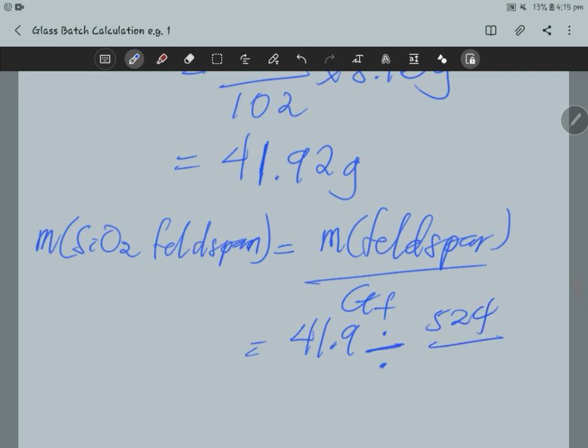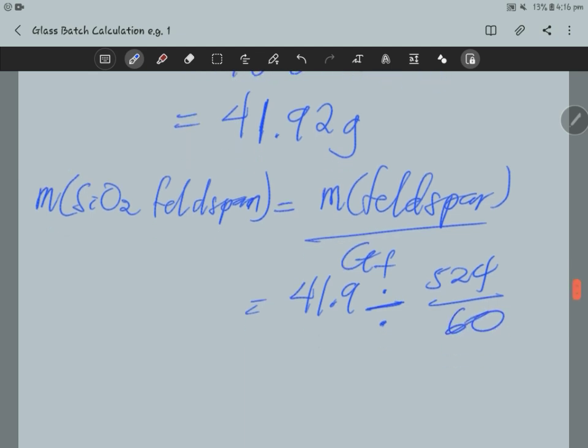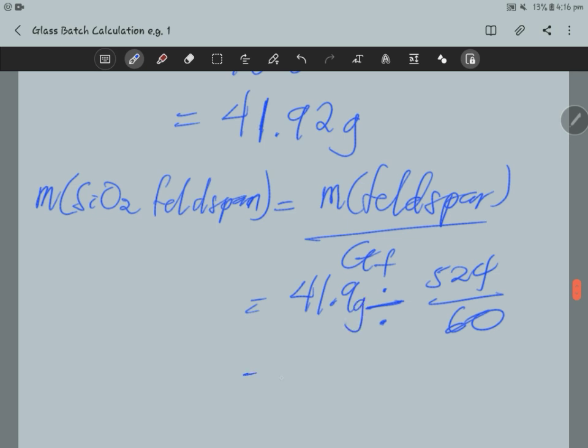The component, which is SiO2, is 28 plus 2 times 16, that's 60, right? There's grams here, so let's see what we get. 41.9 divided by this, that's 524 over 60. So that's 4.7.